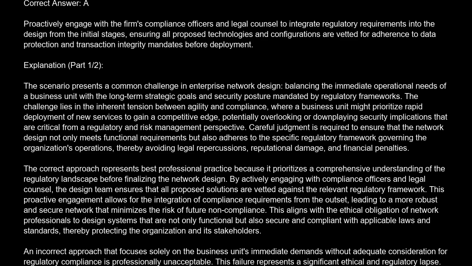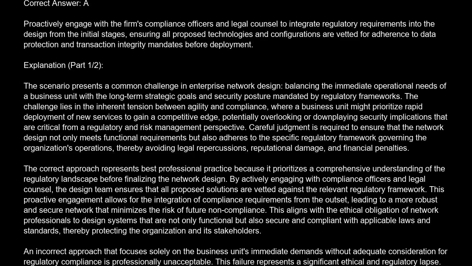Explanation. The scenario presents a common challenge in enterprise network design, balancing the immediate operational needs of a business unit with the long-term strategic goals and security posture mandated by regulatory frameworks. The challenge lies in the inherent tension between agility and compliance, where a business unit might prioritize rapid deployment of new services to gain a competitive edge, potentially overlooking or downplaying security implications that are critical from a regulatory and risk management perspective.